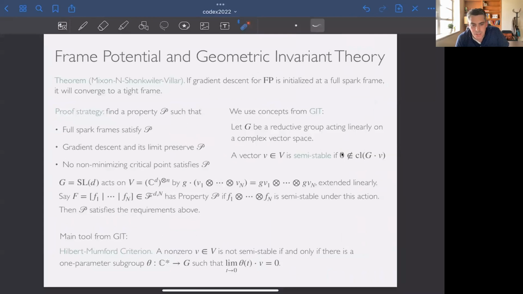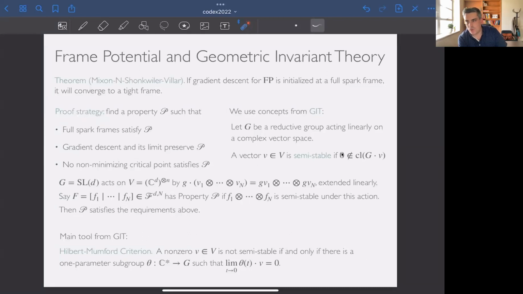The main machinery we use from GIT is the Hilbert-Mumford criterion, which basically gives you a way to check for semi-stability by checking one-parameter subgroups. So if I take a non-zero vector v, it's not semi-stable if and only if there is a one-parameter subgroup, i.e. a homomorphism φ of C star into G, such that the limit of φ(t) acting on v as t goes to 0 is 0.